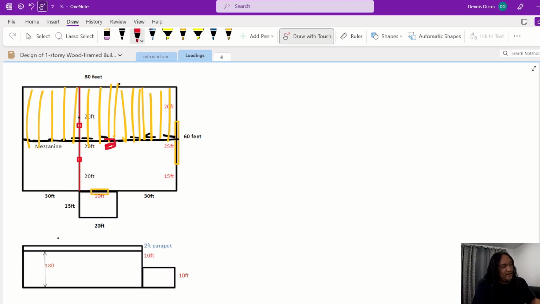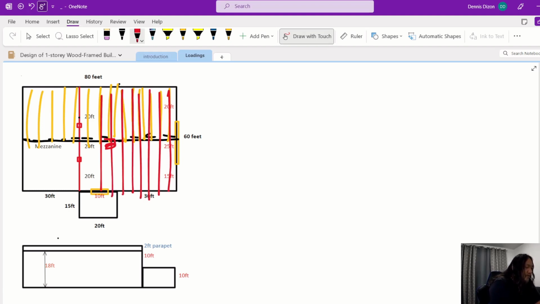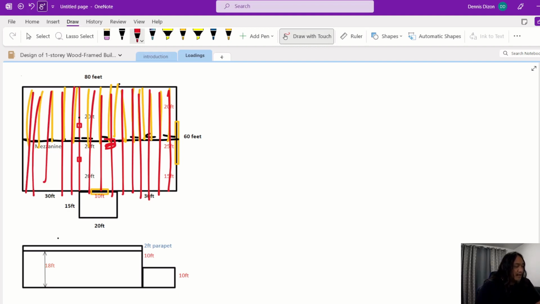But if you want a clear floor area, you don't want any column, then your only option is basically to span the whole truss all the way, end to end. No girder truss in the middle. So for example, the client or the owner doesn't want any interior column, then you have to span the whole depth of the building, which is 60 feet.